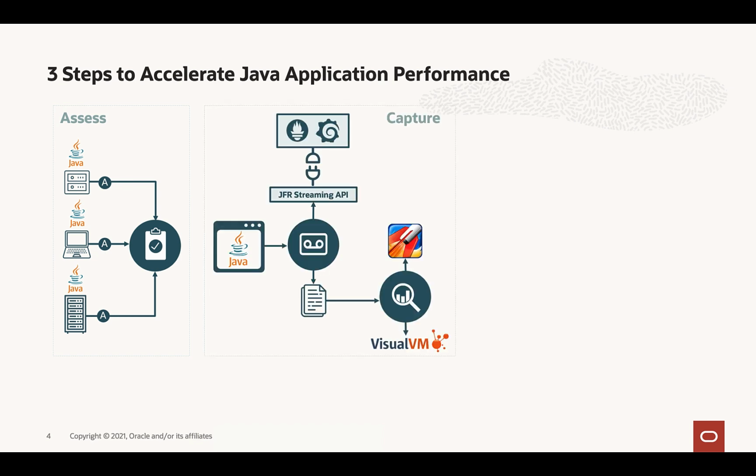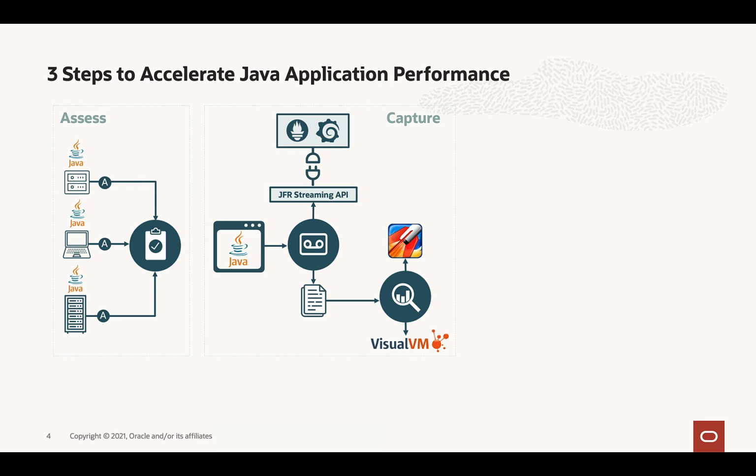All right, on to the second step, which is capture. And by capture, I'm referring to the process of recording and analyzing data from running Java applications. So we use this data to make decisions on how to improve performance based on feedback from analysis tools.